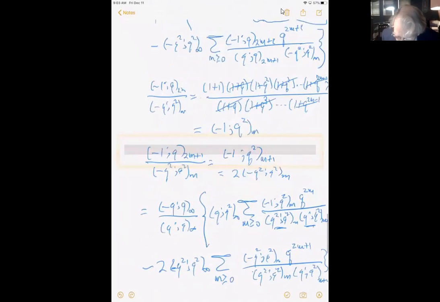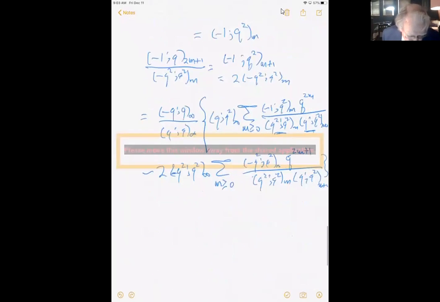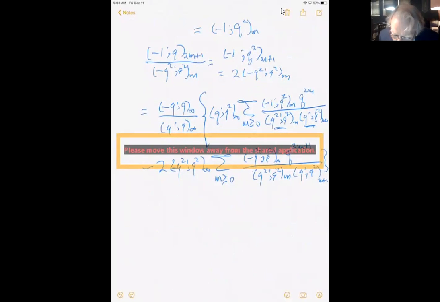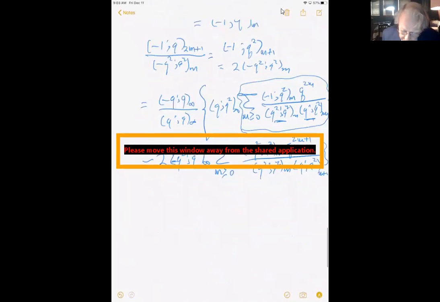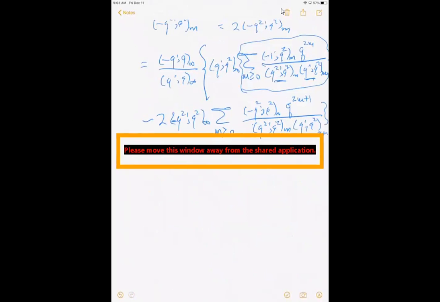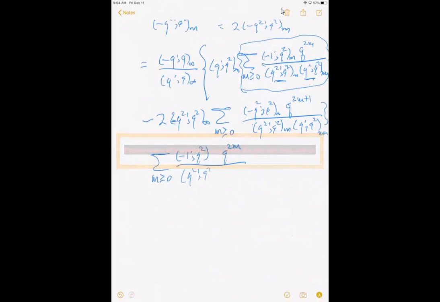And at each turn of this, you see what you have is an instance of something like the Heine series. So for example, the summation m greater than or equal to 0, let us just look at this one term. Q squared sub m, Q semicolon Q squared sub m.